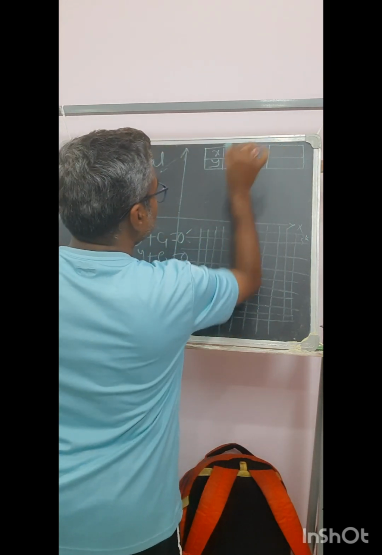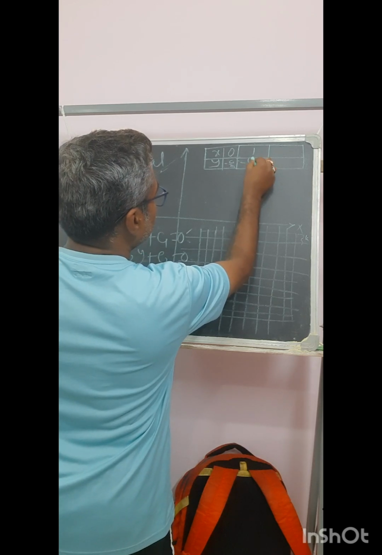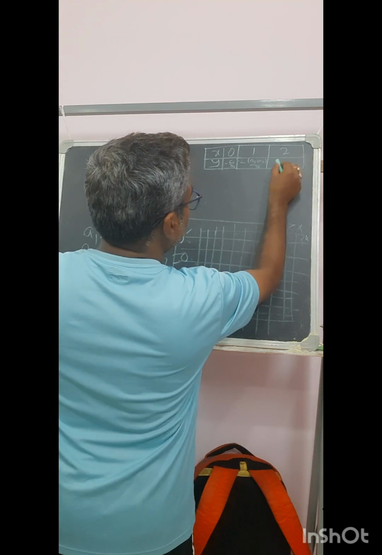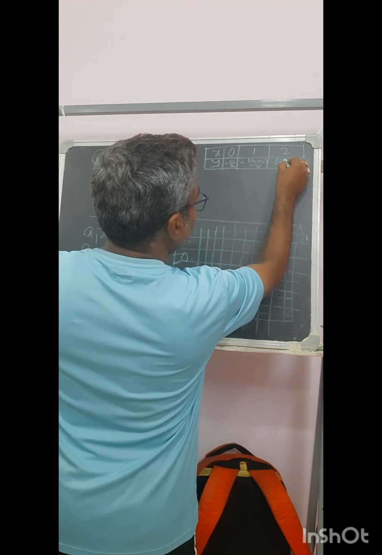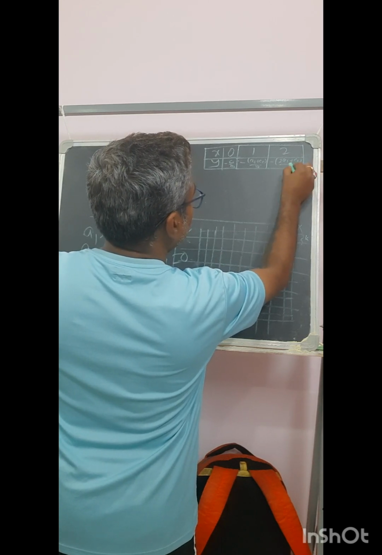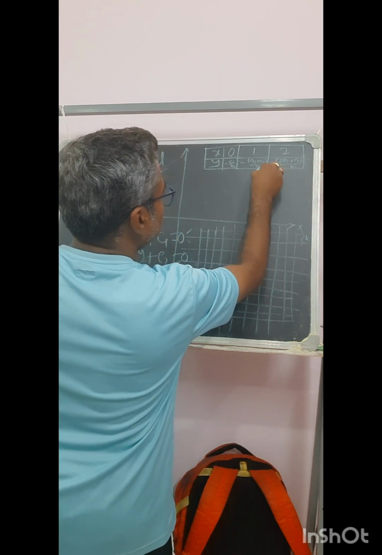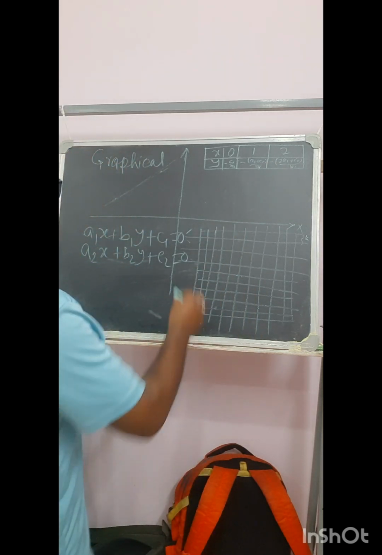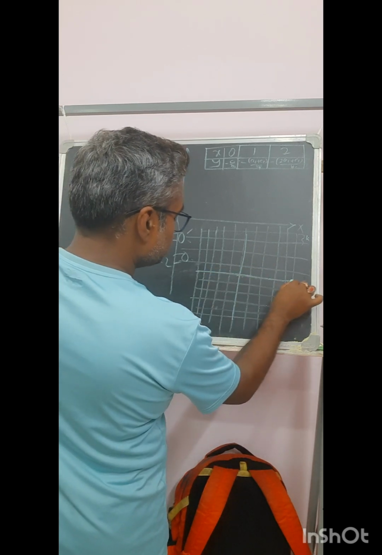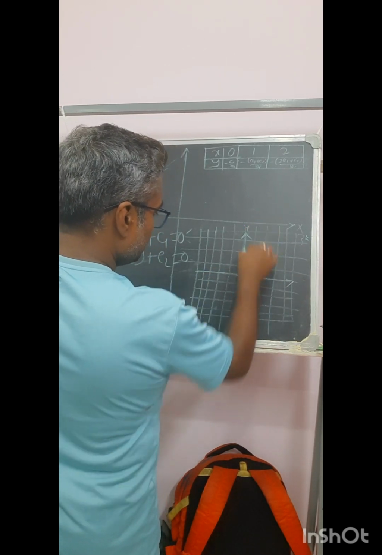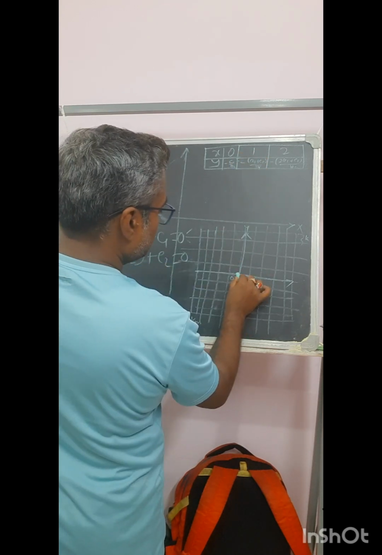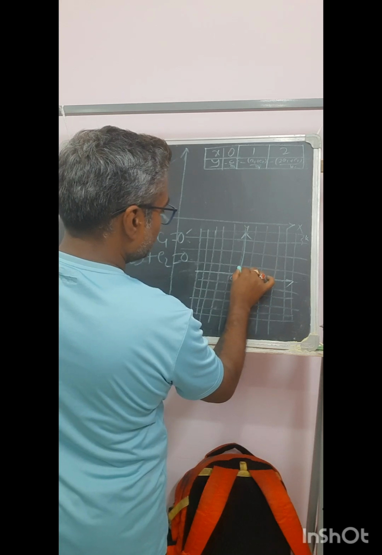So I will take 1. Let's say this will give you minus (a1 plus c1) divided by b1. If I take 2, I will get minus (2a1 plus c1) by b1. So these would be the 3 values, and if I say this is the x and y axis, this is x and this is y, and this is 0, 0, then for x equal to 0, my y value is somewhere in between.